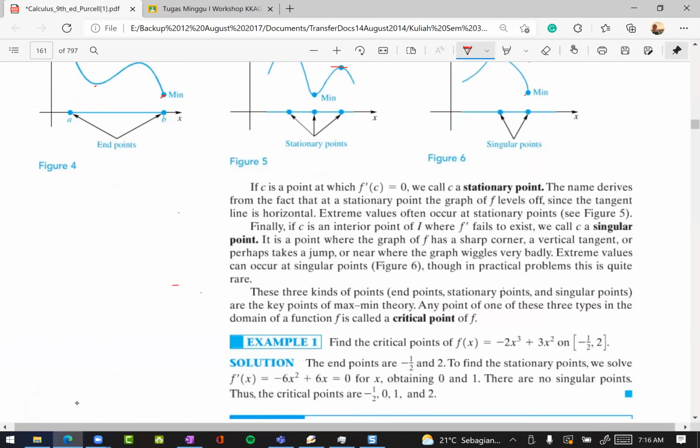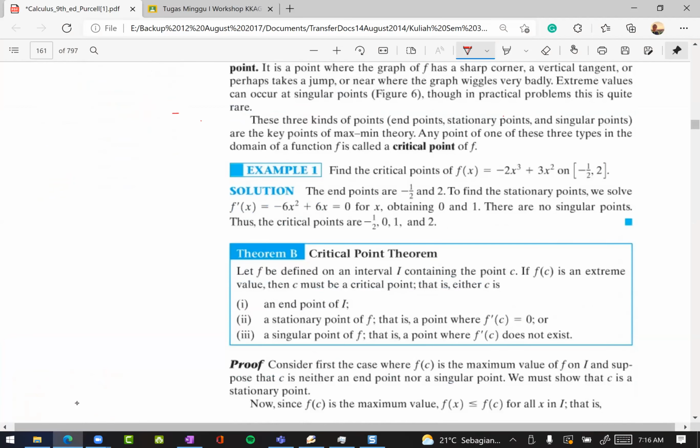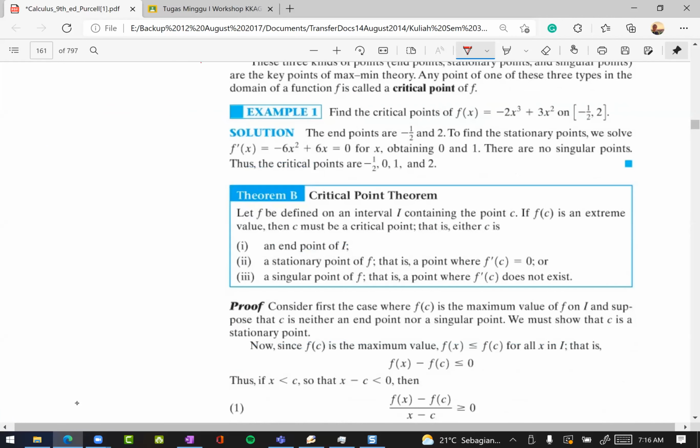And the thing is that we have this critical point theorem, okay? It says that if f(c) is an extreme value, that means c is an extreme point, then c must be critical.